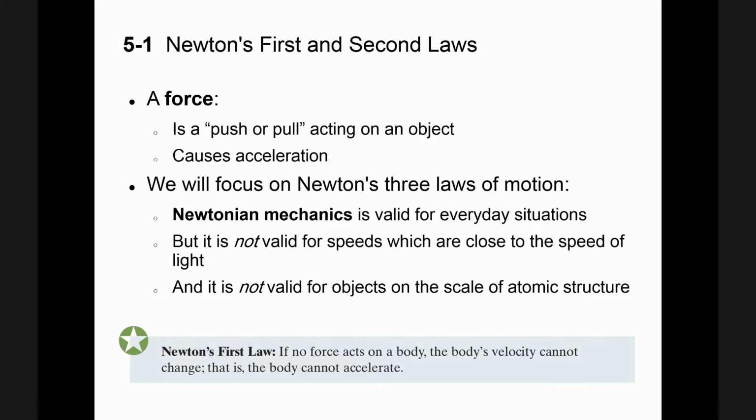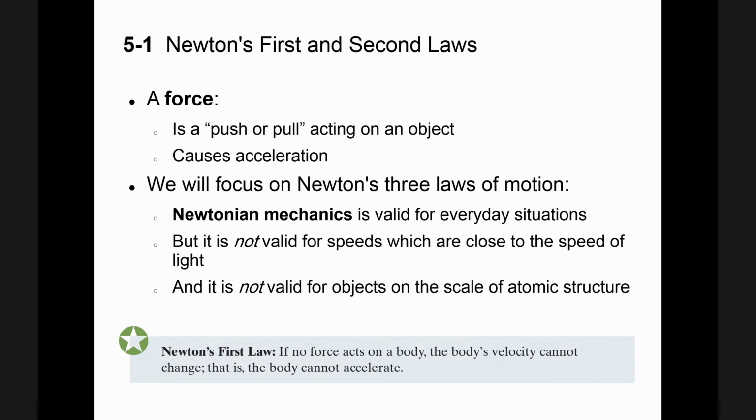What is acceleration? Acceleration is a direct effect of a force. Yani, if there is a force, immediately there is acceleration. To be precise, if there is a net force, some value that is not zero, there should be acceleration.